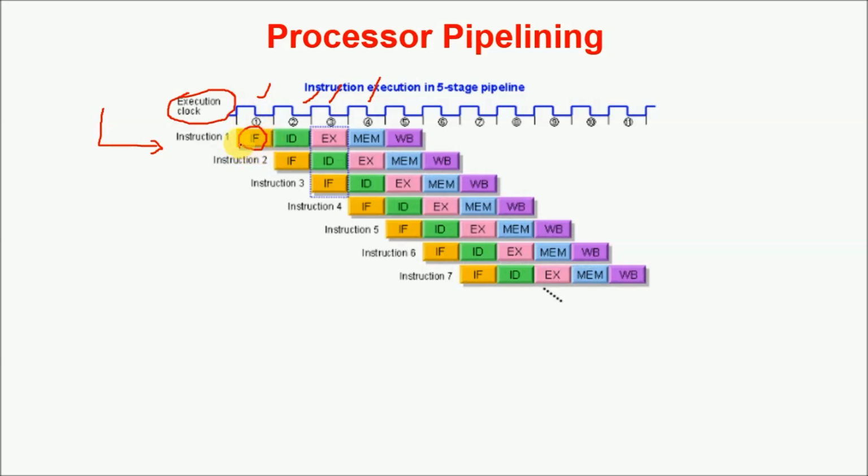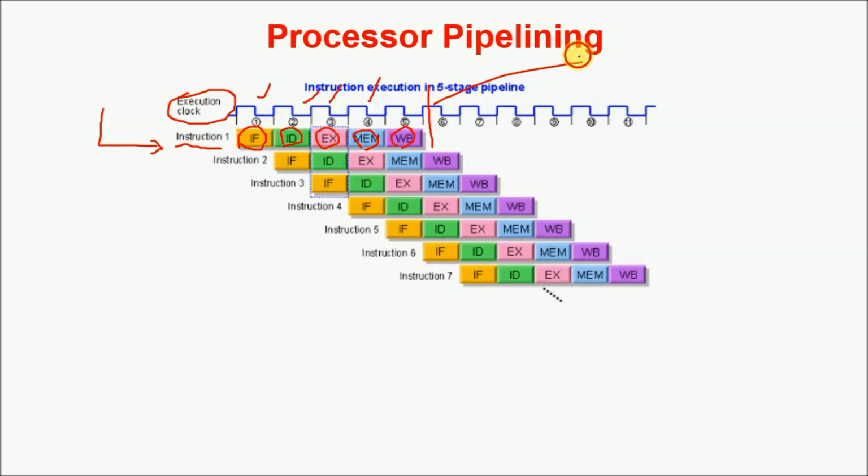In the second clock pulse, the decode stage of the first instruction is executed. Then the instruction execution stage, the memory access stage, and the write back stage are executed. That means every instruction will be executed through these 5 stages. So after 1, 2, 3, 4, 5 clock cycles, the first instruction will be executed.